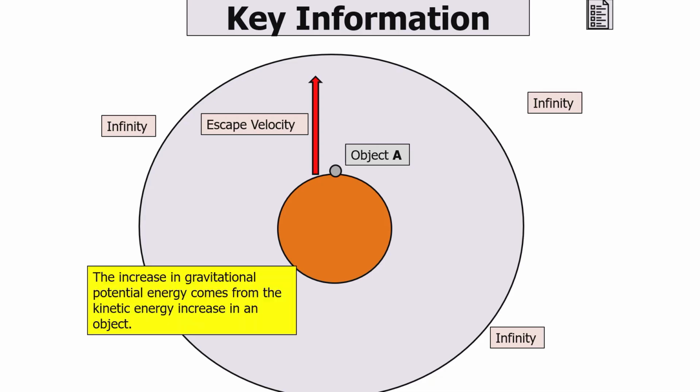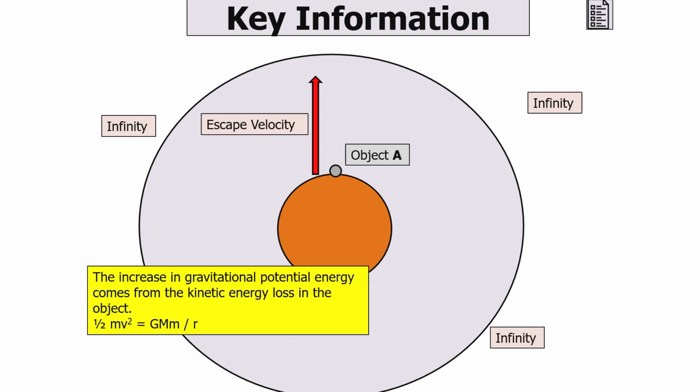So our increase in gravitational potential energy from a negative to 0 comes from the kinetic energy decrease in the object. So a half mv squared is equal to minus GMm over r.